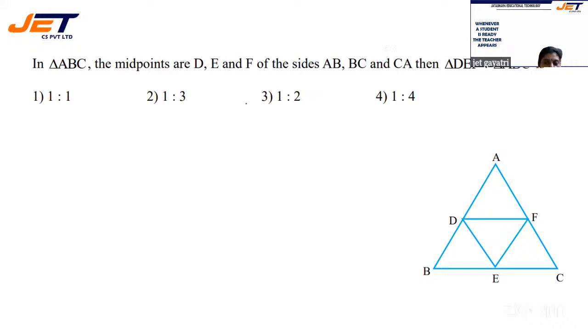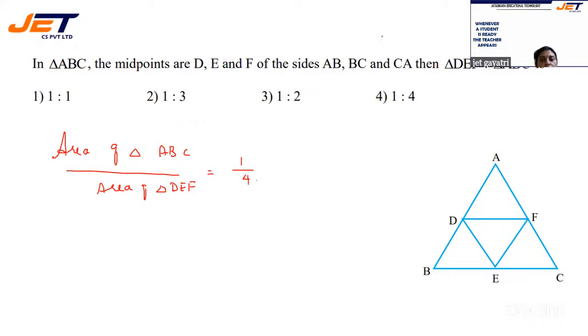So area of triangle DEF by area of triangle ABC should be equal to 1 by 4. So your option 4 is the correct answer. All right. So hope you have understood this. With this, we are moving on to the next question.